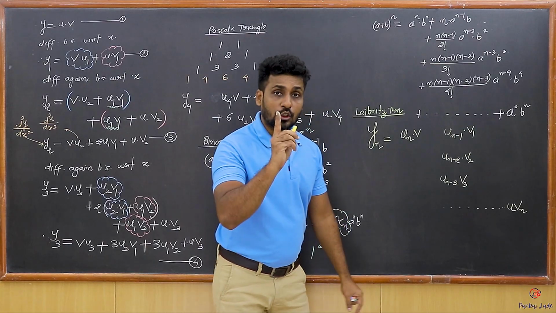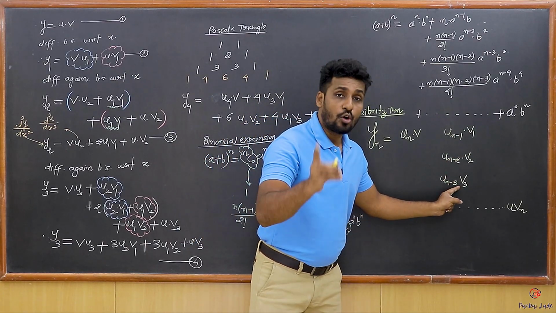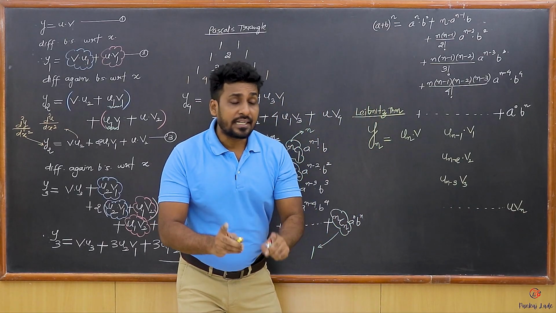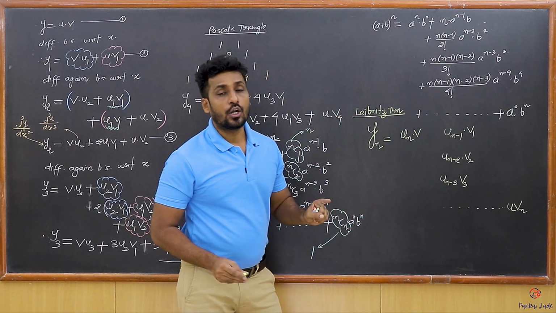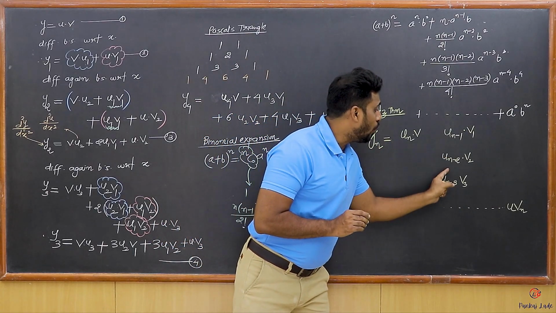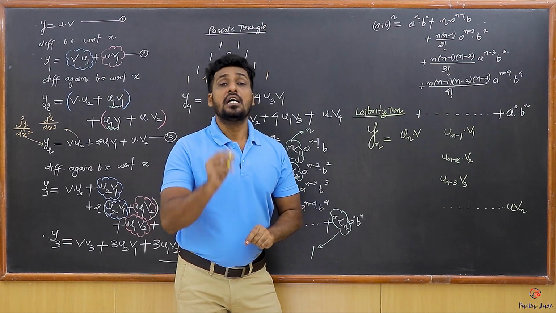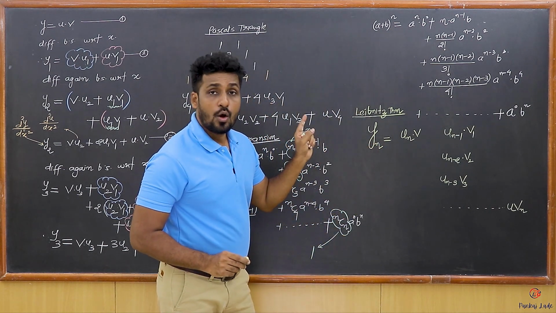V1 stands for the first order derivative, V2 stands for the second order derivative, V3 is the third order derivative, Vn is the nth order derivative. Same thing is true for Un, Un minus 1, Un minus 2, and so on. So the suffixes which are written over here indicate the order of the derivative. This is very important.